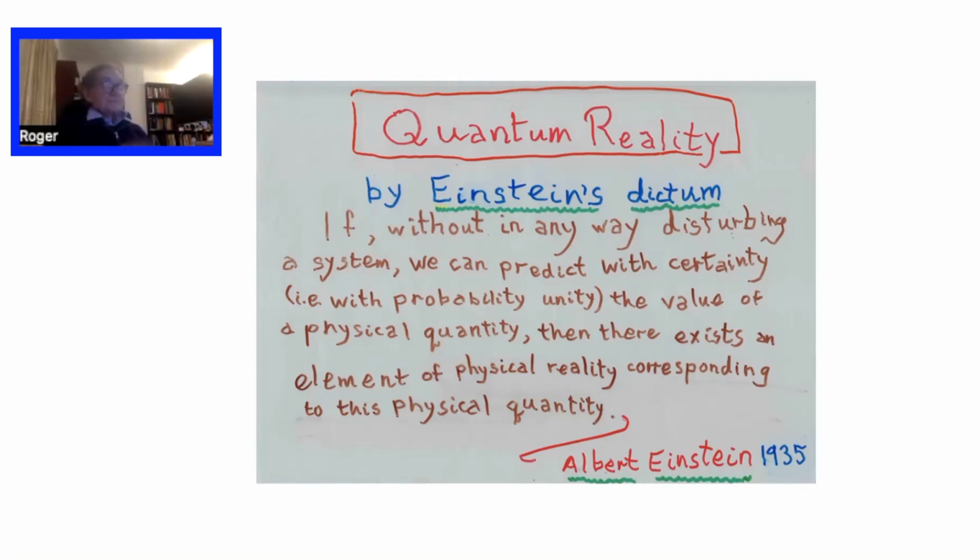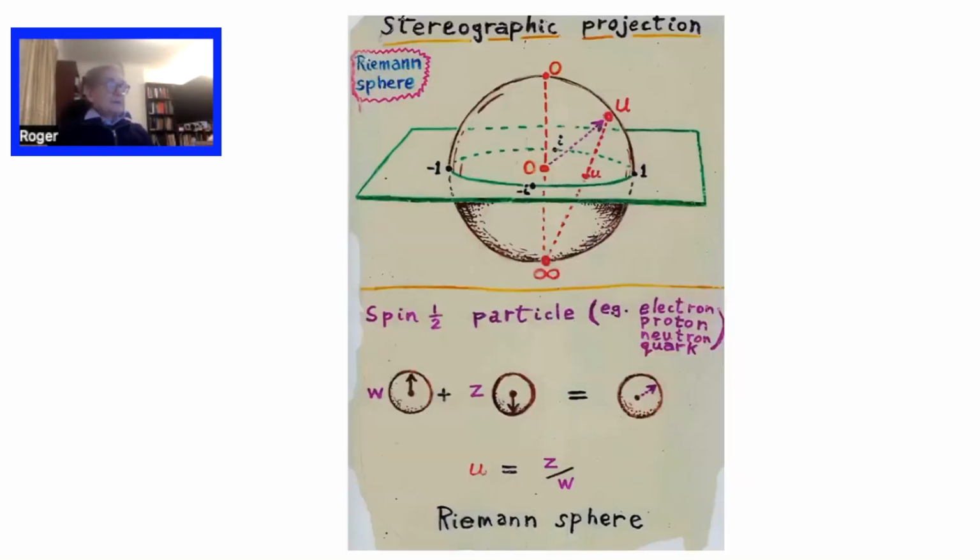Einstein's dictum is really a dictum which refers to what I'm calling quantum reality. So when we go back to here, this is a good example, the spin half particle, of a quantum reality. You might have a situation where the spin state happens to be in some direction out from O to U, in the top picture, for example. That direction will be a linear combination of up and down, but maybe that is the real state.